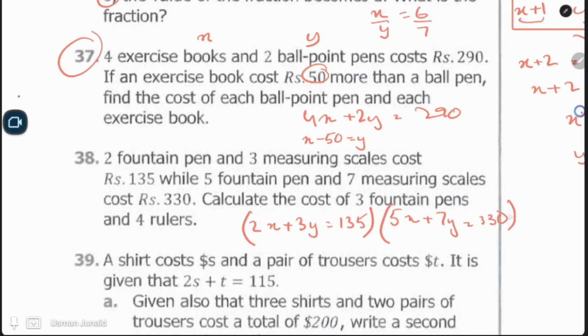Actually, no, I'm doing substitution. Sorry, okay, elimination. I made y the subject. y is equal to 135 minus 2x over 3. Okay. And I'm putting the value in the second equation.